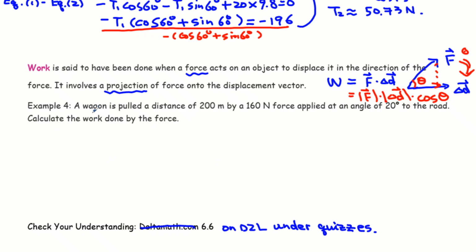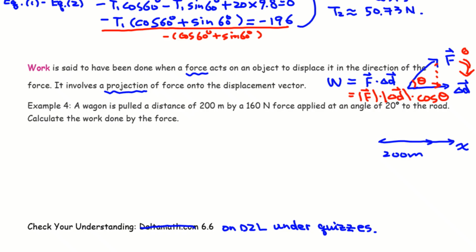So for this one, a wagon is pulled a distance of 200 meters by a 160 Newton force applied at an angle of 20 degrees to the road. So if we draw the road, this is the positive direction, and this is 200 meters moved.